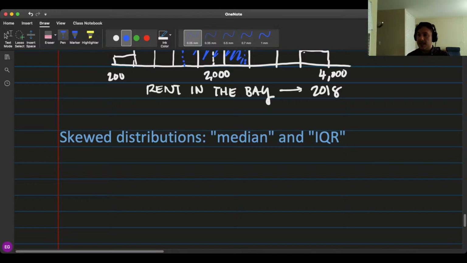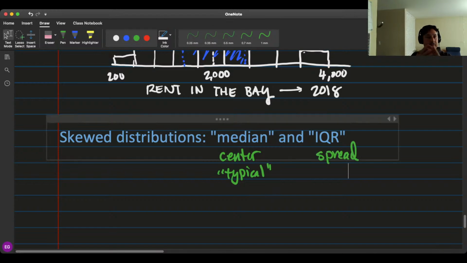Okay, so the median is your measure of center, or what's typical. And the IQR is your measure of spread. Tells you how far away from typical you can normally go.